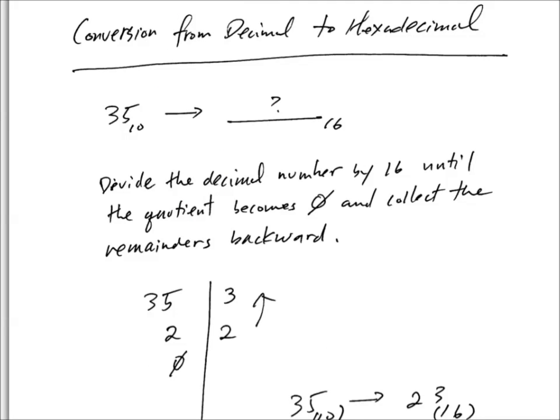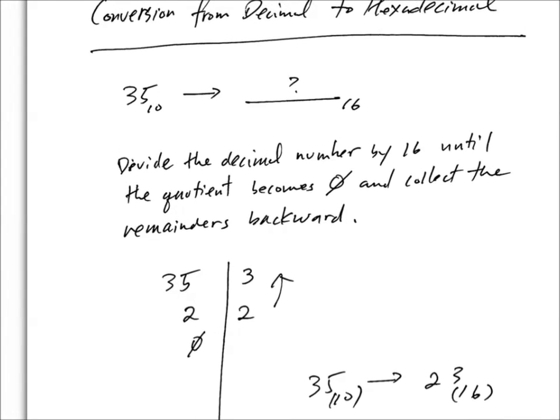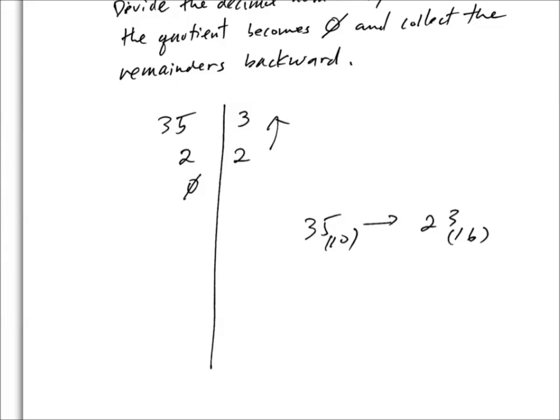Alright, so let's talk about how to convert a decimal number to hexadecimal. The idea is exactly the same as converting from decimal to binary. The only difference is this time we divide a number by 16. For example, when you have the number 35 in decimal, what would that number be in the hexadecimal system?